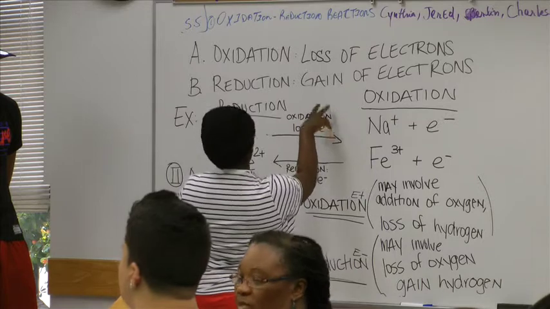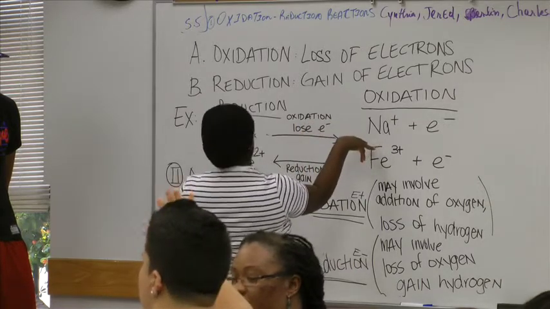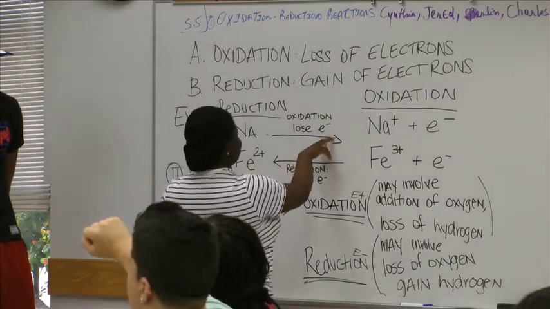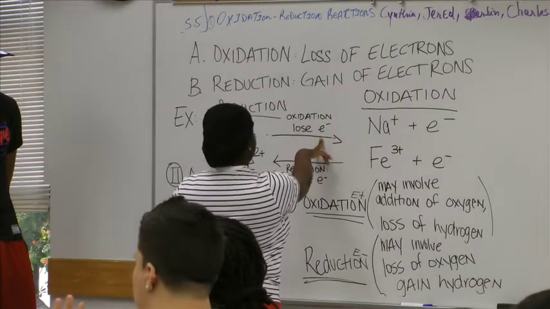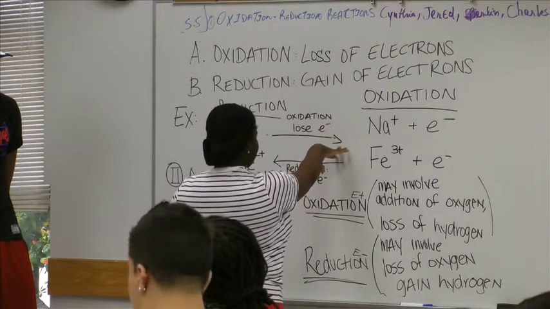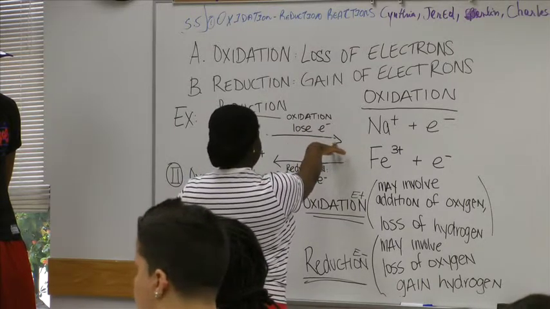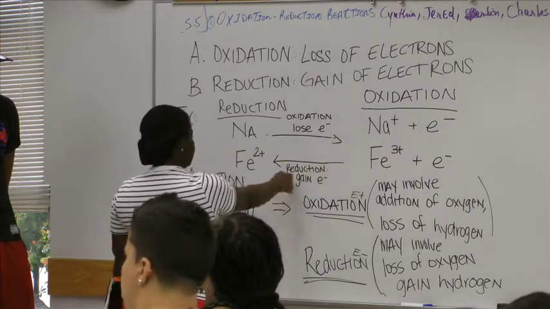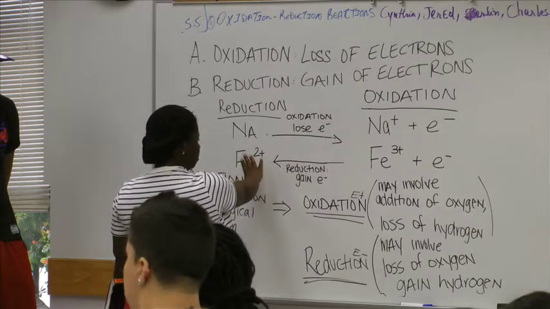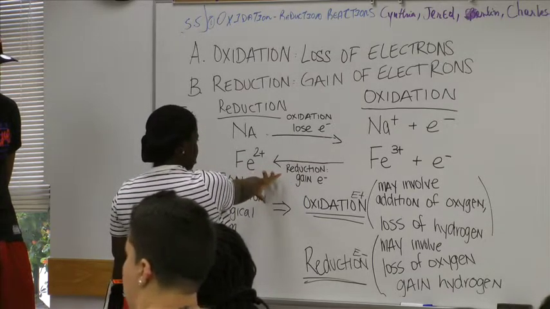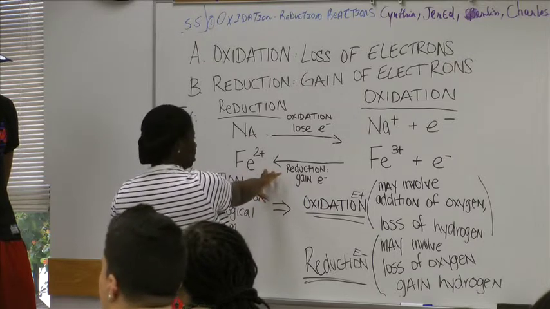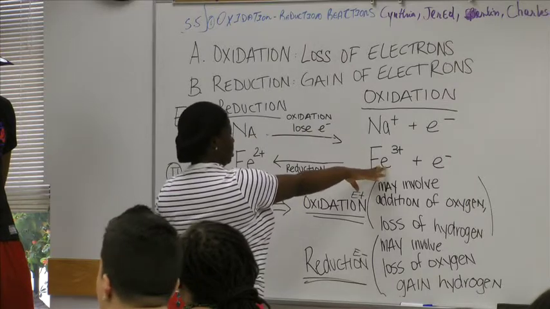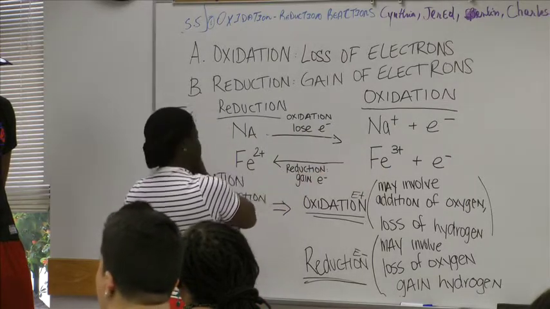She gave you an example where we have oxidation, and sodium in this one basically loses 1 electron. And in this one, this is the reduction where we have ferrous sulfate, iron basically, that gains 2 electrons. That's about it.